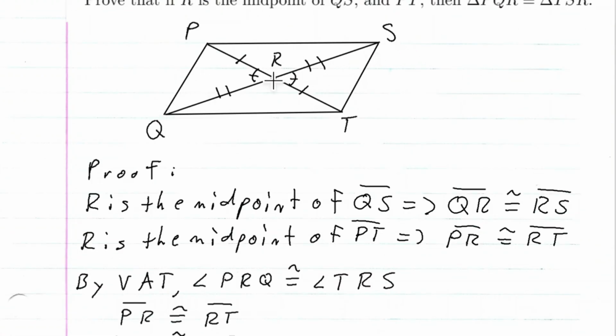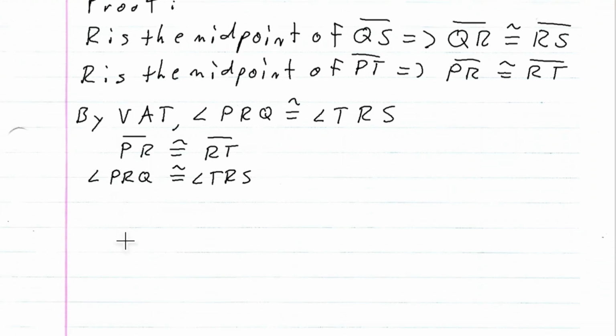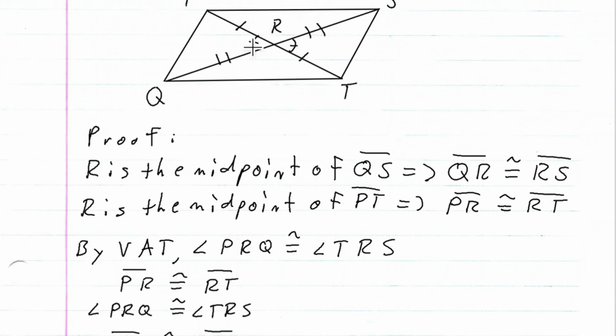And I know that QR is congruent to RS. So let me go ahead and get that down. QR is congruent to RS. I know that this guy is congruent to this guy.